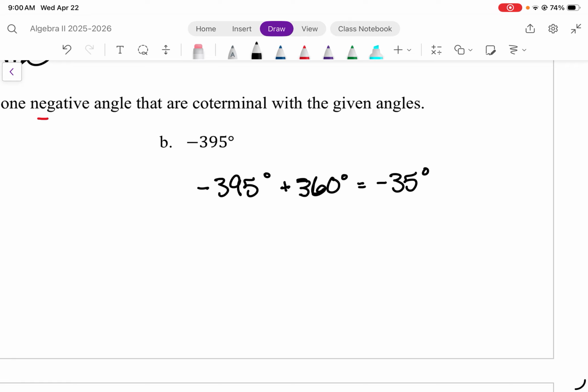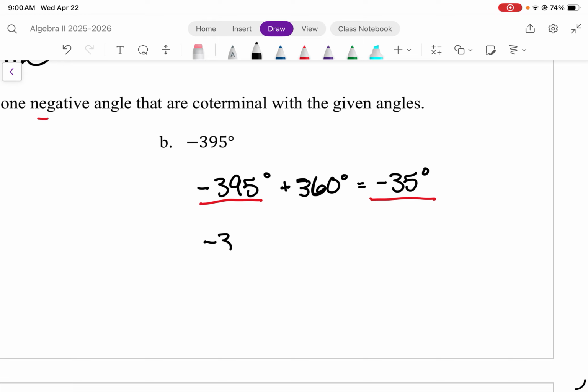When you are looking for coterminal angles, it does not matter if you start with the initial angle they gave you or the coterminal angle you found when you decide to add or subtract 360. You will still end up with angles that are terminating in the same spot, or are coterminal. So to get to a positive one, I already know if I take negative 395 plus 360, I don't get to a positive angle.